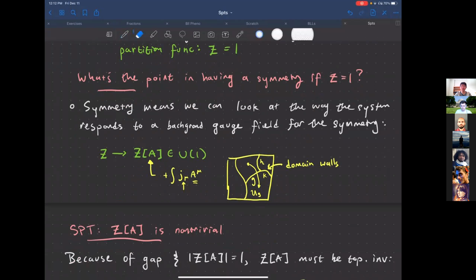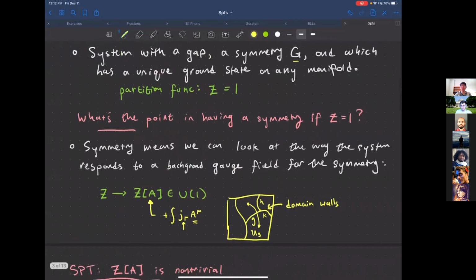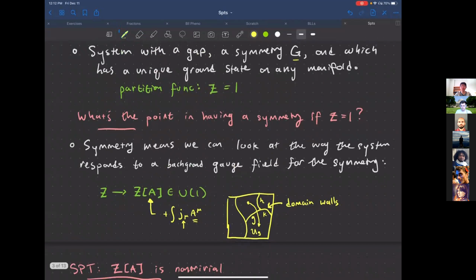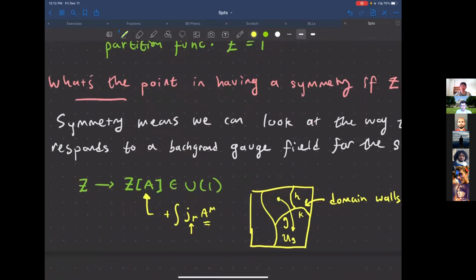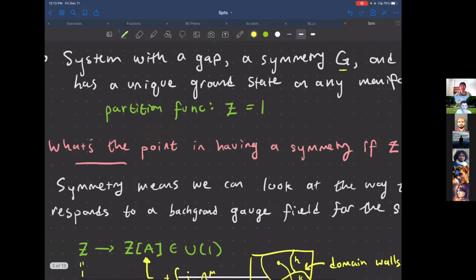Okay. Now, since I told you that we have a unique ground state and gap and everything, this partition function here, without any added domain walls or gauge fields, was just 1, right? As I set up here.